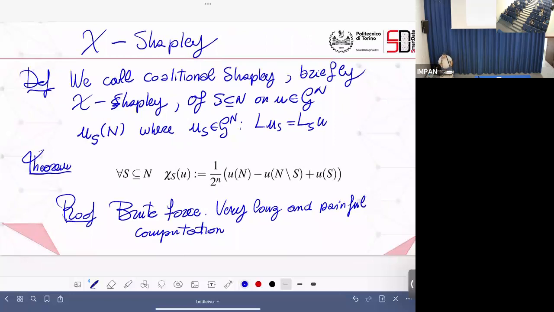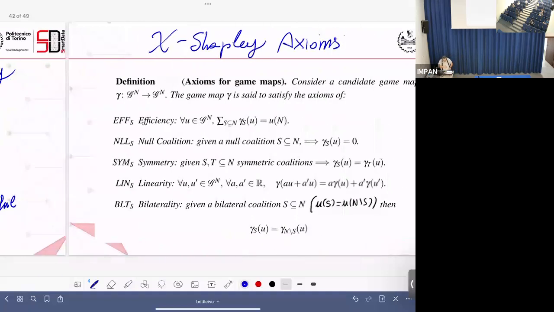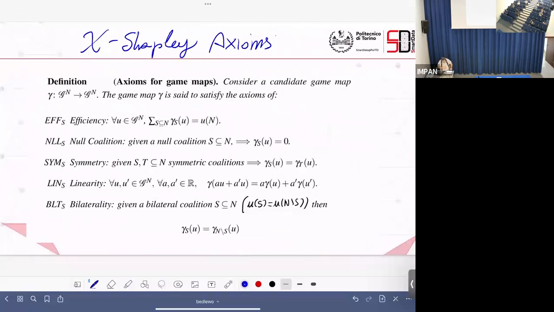But the key point is that, making very painful calculations, we were able to discover that it has a very simple form. In this case, it becomes this formula. This is the value that we have found using all this differential machinery and so on. You say, okay, so what? First thing, there are axioms, and this is the only one satisfying them.